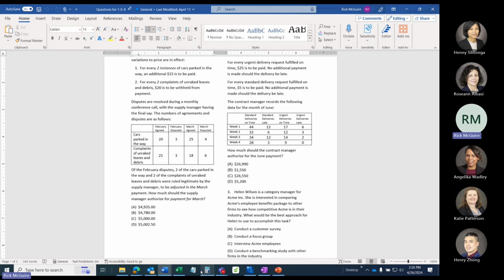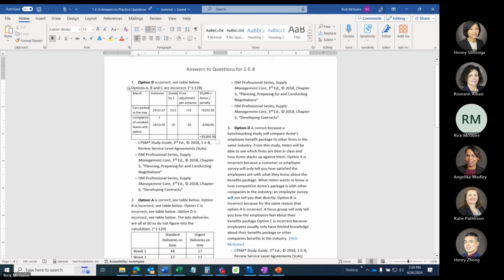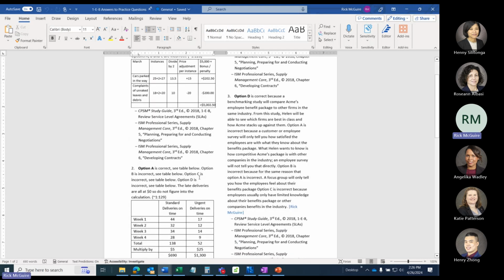But anyway, let's get to the answers. Remember, divide by 2 for the pricing on this one. 202 minus 200, 5002. So it did come out pretty even. And then the second one is Alpha.